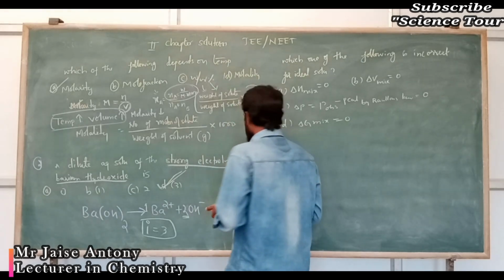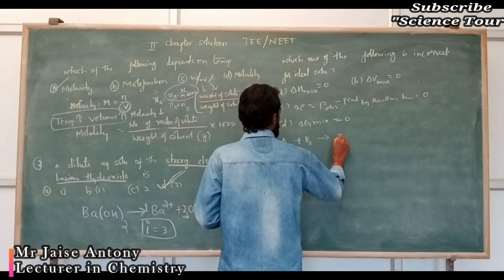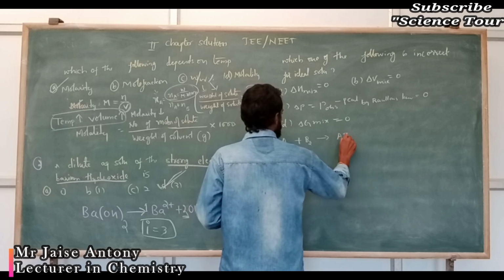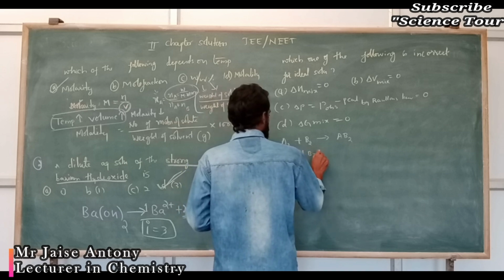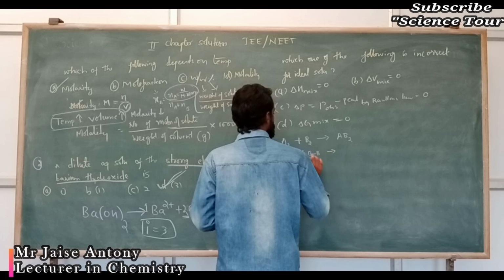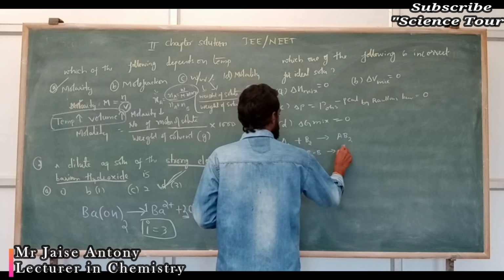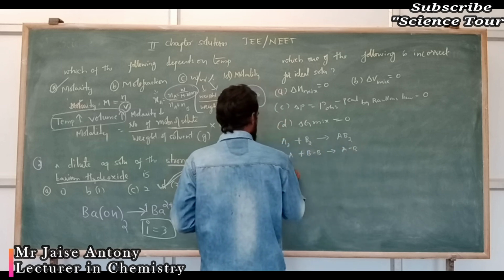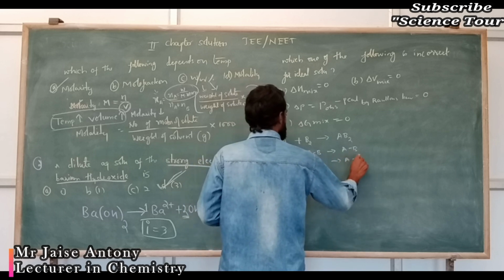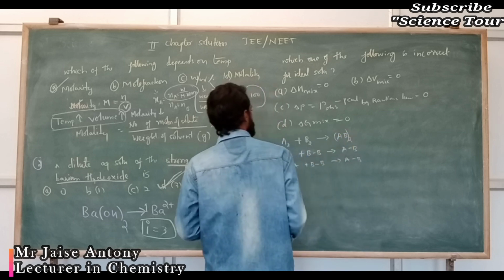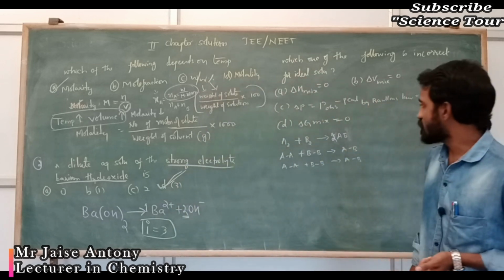AA reacts with BB and it gives AB. Again AA reacts with BB, it gives AB, so you can write it as 2AB.